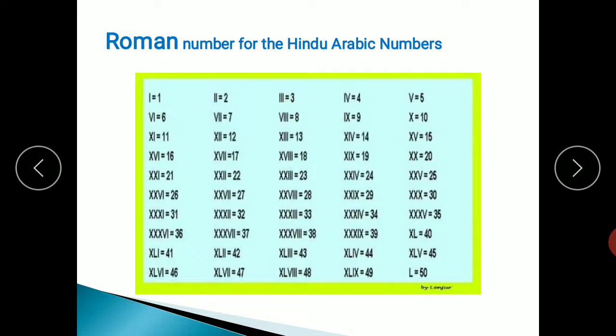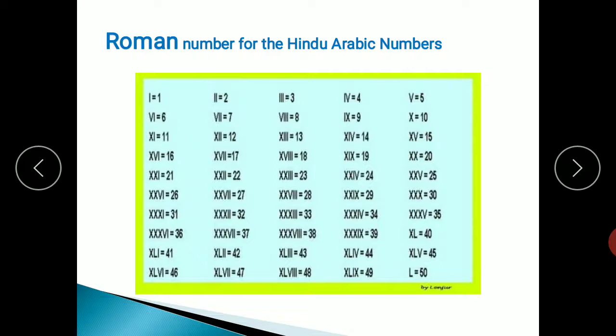Rule number 1. There are some rules you have to follow. I and X can be represented. I means 1, X means 10. Any number we can repeat, or add, only 3 times.